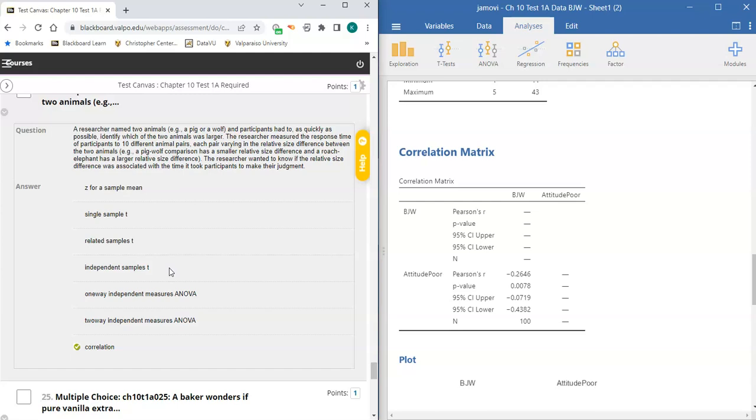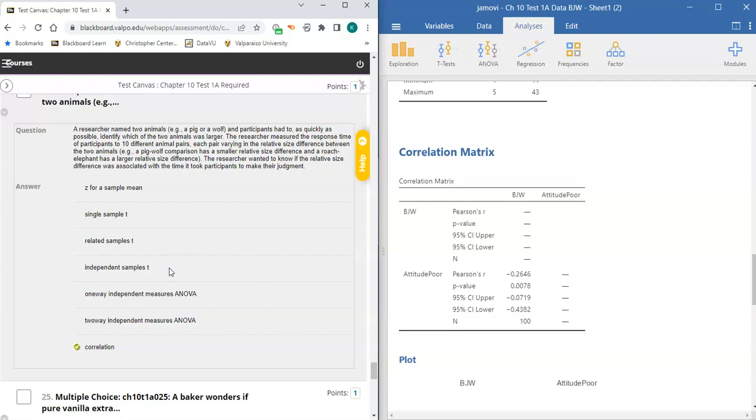That's one variable, the time it takes people to make their judgment. The other variable is the size difference between the two animals. The size difference in real life between a pig and a wolf is relatively small, certainly much smaller than, say, which is bigger, a roach or an elephant.